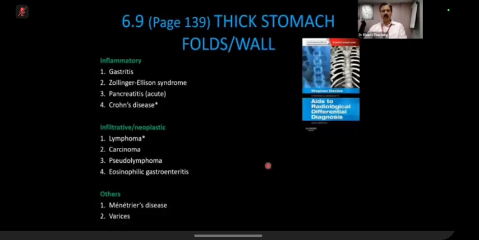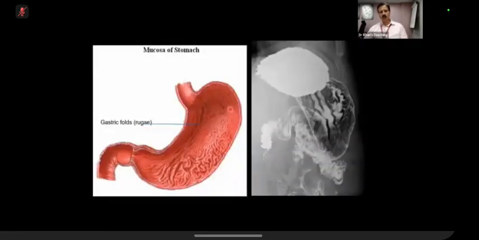Now, rugal thickening of the stomach is a differential diagnosis which has been taken out from the current Chapman, but you can see it in the old previous Chapman, thick stomach folds, and there can be various causes about it. Causes, Zollinger-Ellison is there, Menetrier's, etc. So first of all, what exactly are rugi?